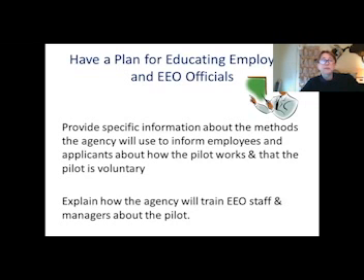Some employees are inherently suspicious of the EEO office just from the get-go. So you really want employees to feel good about their participation in the pilot and really be encouraged and kind of excited about the fact that they're trying something different.